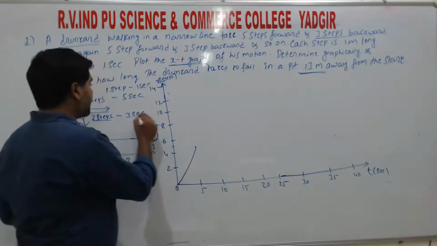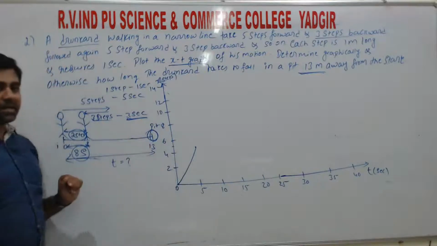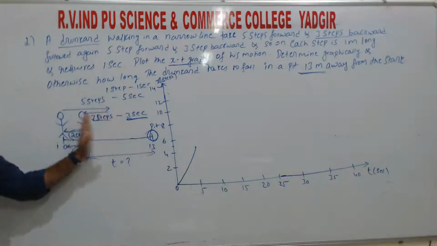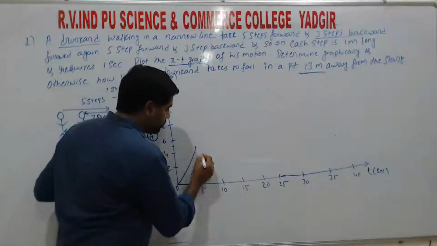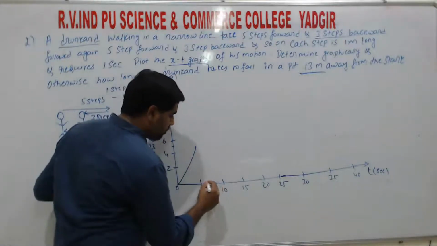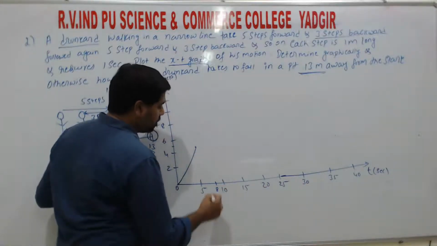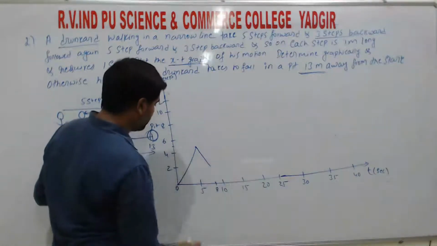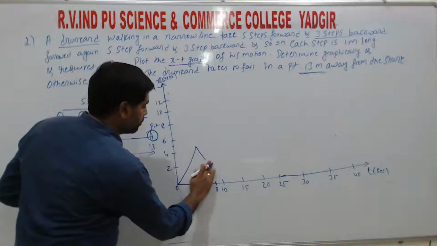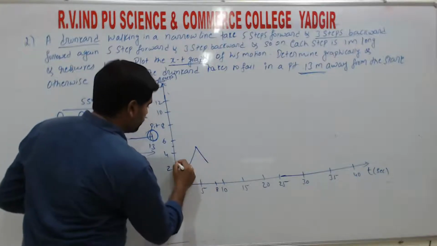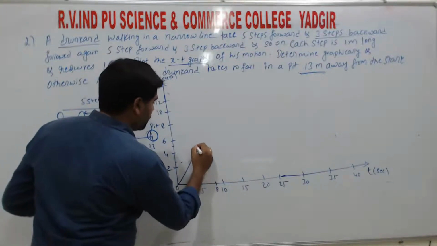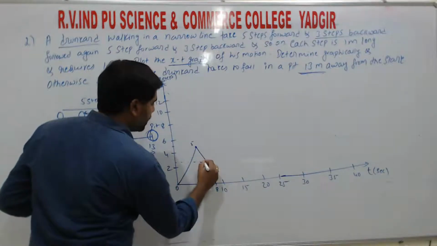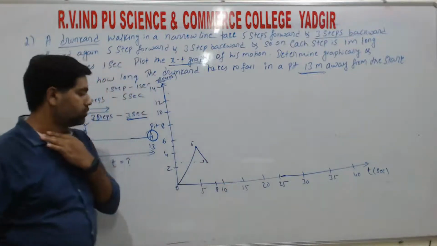Next, for the next 3 seconds he goes backwards, so he again comes back. Here it is 5, here it is 3.